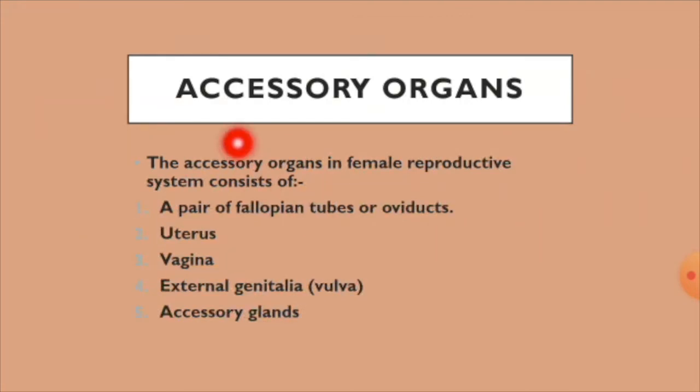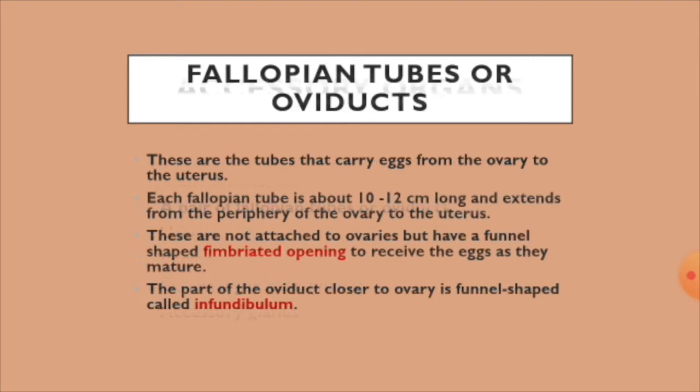Next are the accessory organs. Accessory organs in the female reproductive system consist of a pair of fallopian tubes or oviducts, uterus, vagina, external genitalia, and accessory glands. First, we are discussing fallopian tubes or oviducts. These are the tubes that carry eggs from the ovary to the uterus.